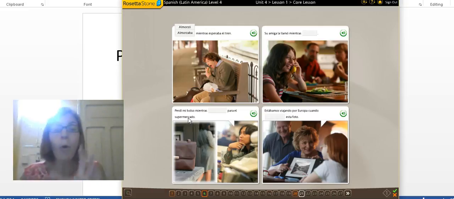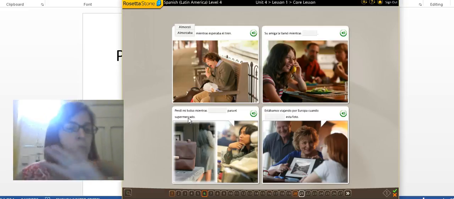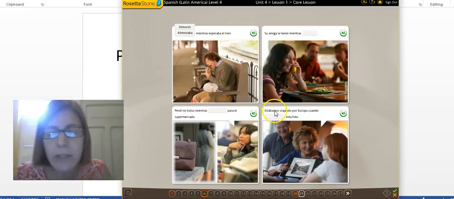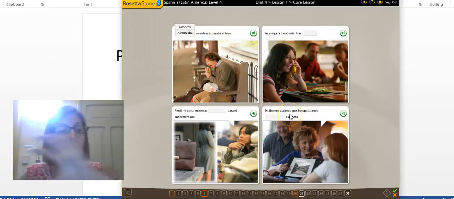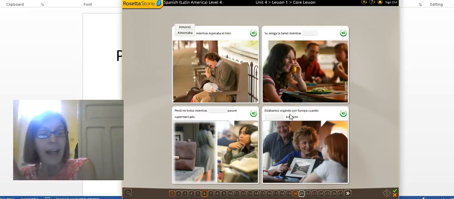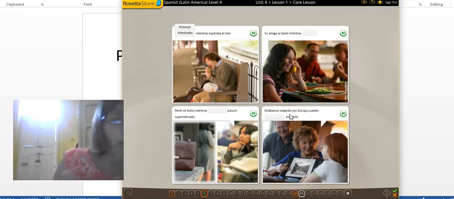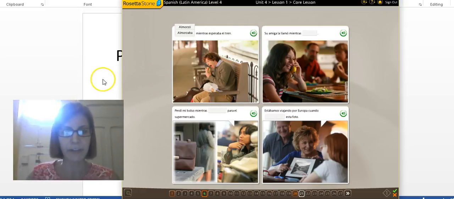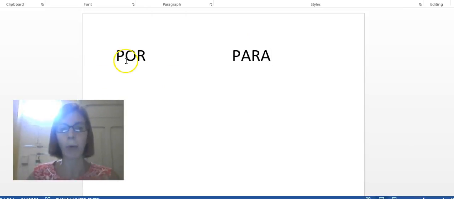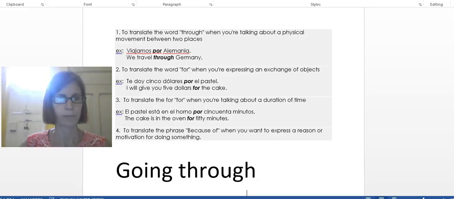While the word por has more movement, it flows. Here we are in the next block and it says, estamos viajando por Europa. That means they were traveling through. So just in our very first core lesson, we see several examples of the differences and the uses between por and para.